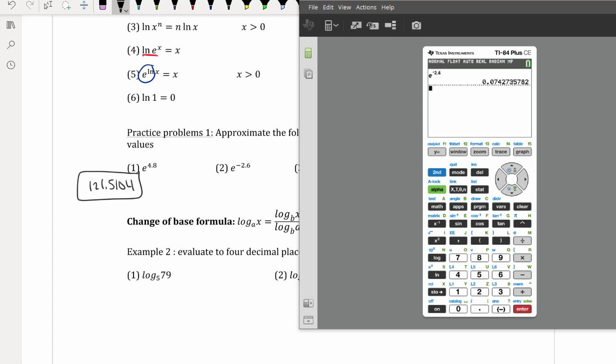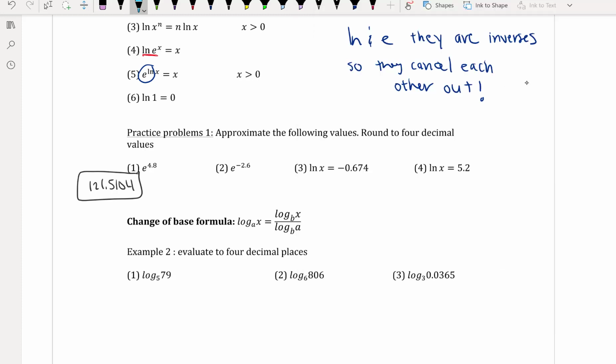Now I'm going to get my value as a decimal, 0.07427357882. Again, I'm rounding to 4 decimal places, so 1, 2, 3, 4. The 4th digit here is 2, and the 5th digit is 7, so that tells me to bump that 2 up to a 3.